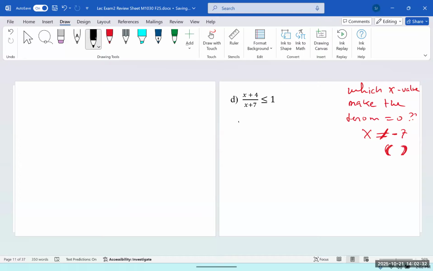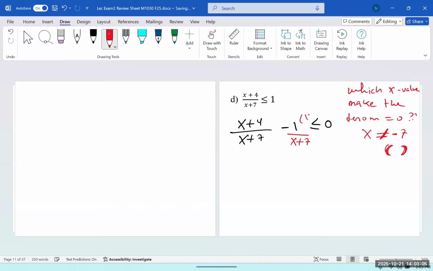Subtract 1. So (x plus 4) over (x plus 7) minus 1 is less than or equal to 0. And now we are not going to get rid of the denominator, but we're going to combine them. So if you want to combine a fraction with 1, we want x plus 7 below the 1, but we cannot just simply put it there.